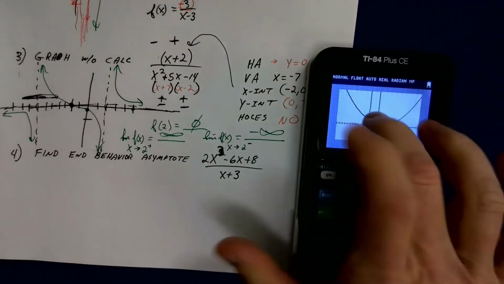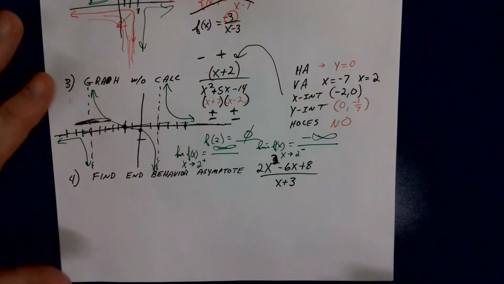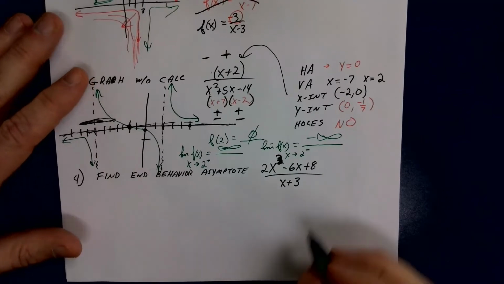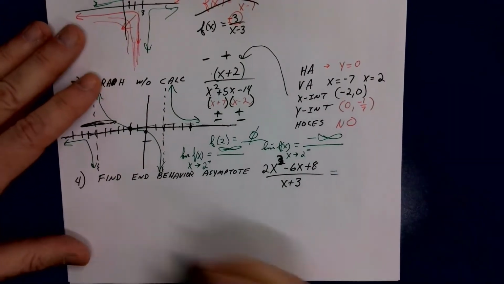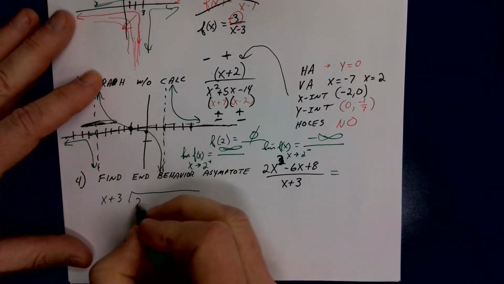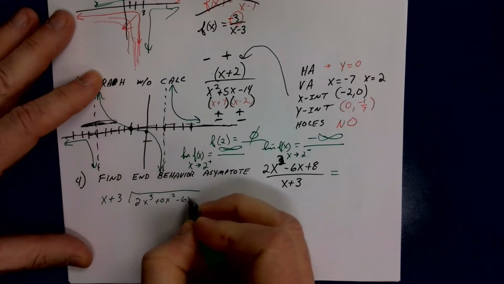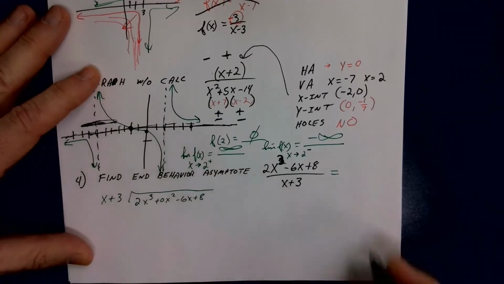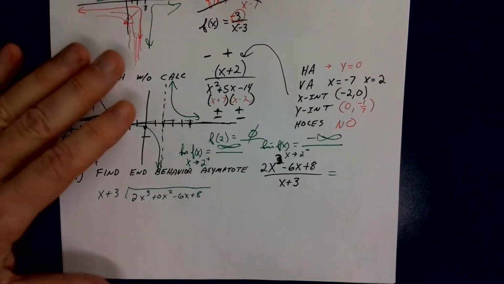Now, algebraically, how do I get this? Where does that come from? Well, this is kind of interesting, but it actually comes through just doing this division. We're going to find out what this equals. We could do x plus 3 into 2x cubed plus 0x squared minus 6x plus 8, and do polynomial long division, which we've practiced before.